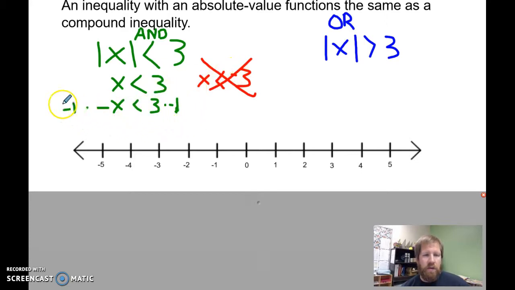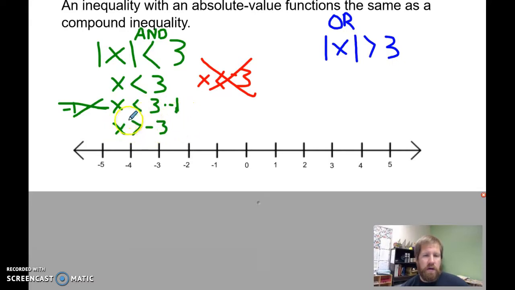With an inequality, what happens when we multiply by a negative? Well, it changes things. Those still cancel. We're left with x, but we're multiplying by a negative, so we have to flip our sign. 3 times negative 1 is negative 3.